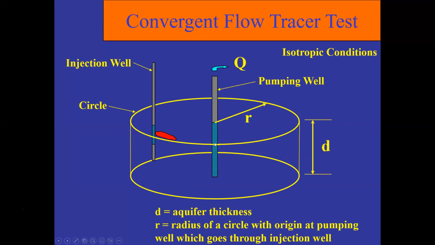That's how much water you're pumping out of the well at the time that this tracer cloud moves from this well to this well. At the same time, all of the water that exists at the beginning of the test around the perimeter of this pumping well converges on and arrives at the pumping well at the same moment, because it's an inward radial flow heading right toward the pumping well.